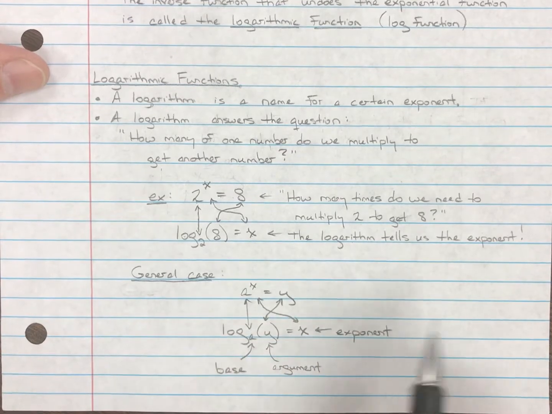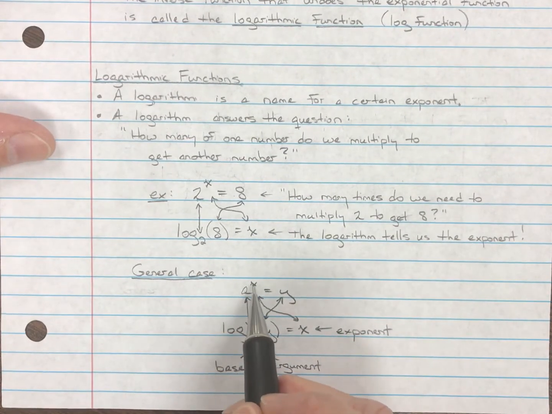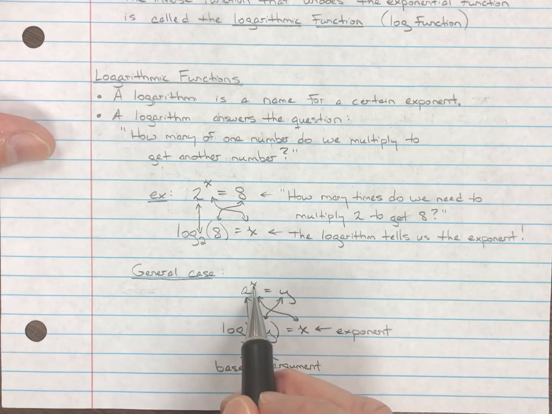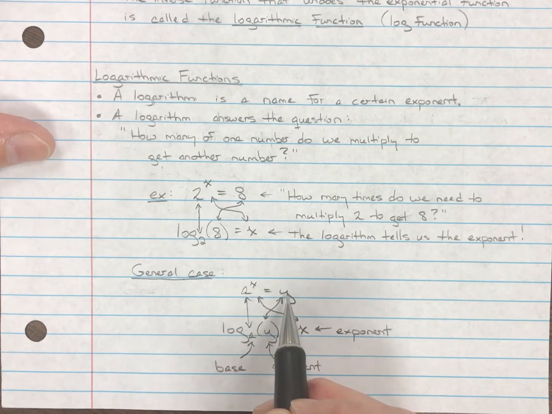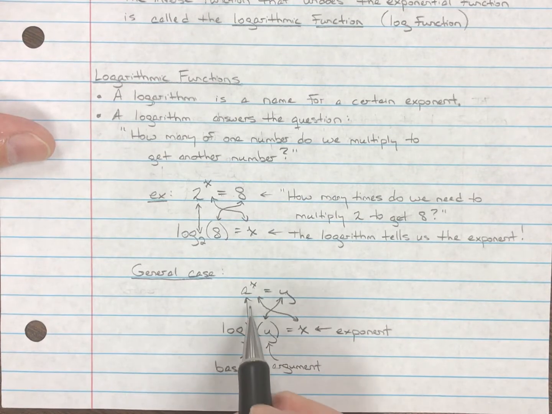In the general case, and we'll give some vocabulary to you, a to the x equals y. All right, we want to get at this exponent. How many times do we need to multiply a to get y? Okay, so the log base a of y is equal to x, which is the exponent.